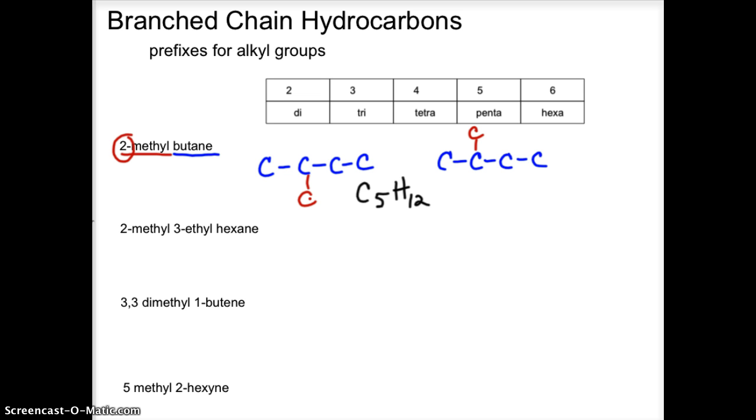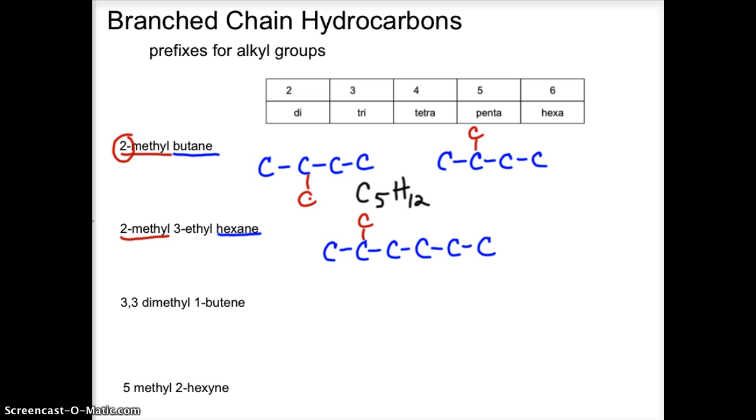Here you have 2-methyl, 3-ethyl hexane. Again, hexane would be the longest chain, so you're going to draw 6 carbons. And then you will start placing your alkyl groups. So the first one that I'm going to place is that 2-methyl. So you're going to have a carbon right here.